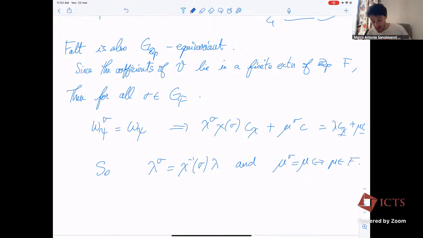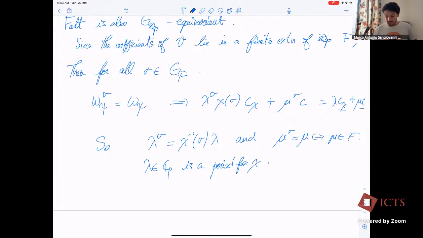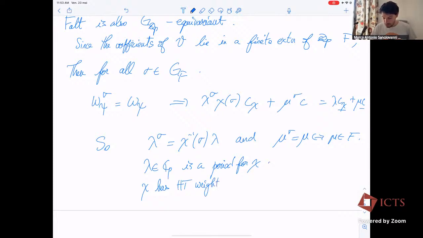Okay, and lambda now is a period for chi. Lambda lies in C_p, and is a period for chi. But chi has Hodge-Tate weight 1 at the place above p, right?